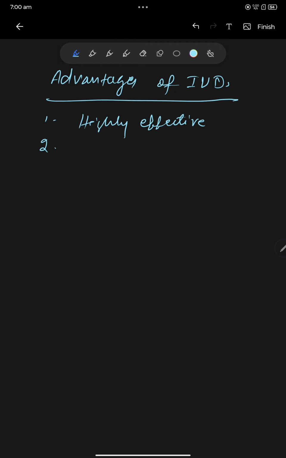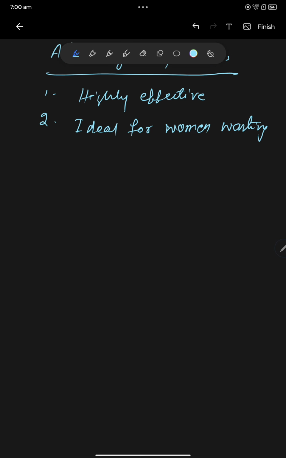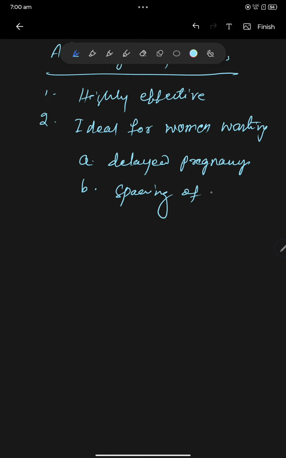Number 2, they are ideal for women, very, very important, ideal for women wanting delayed pregnancy. Very, very important, children. And spacing of children.